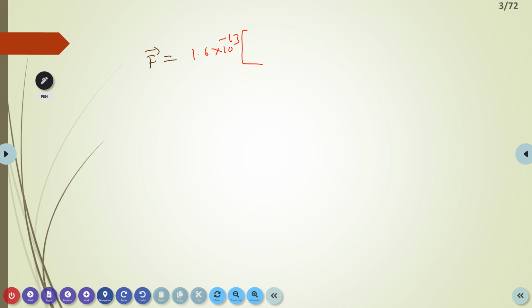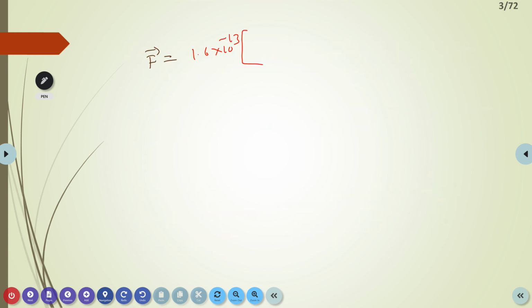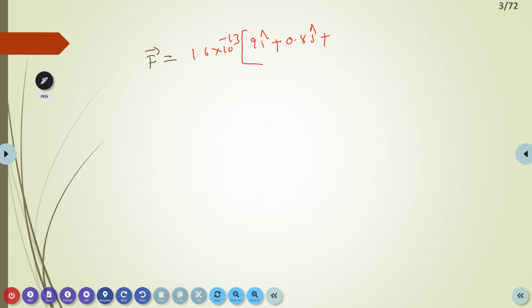Going back to the previous case, 8i plus 1i becomes 9i, plus 0.8 j, plus for the k quantity 1 plus 0.4 becomes 1.4 k cap. Now you have to take the magnitude of this.